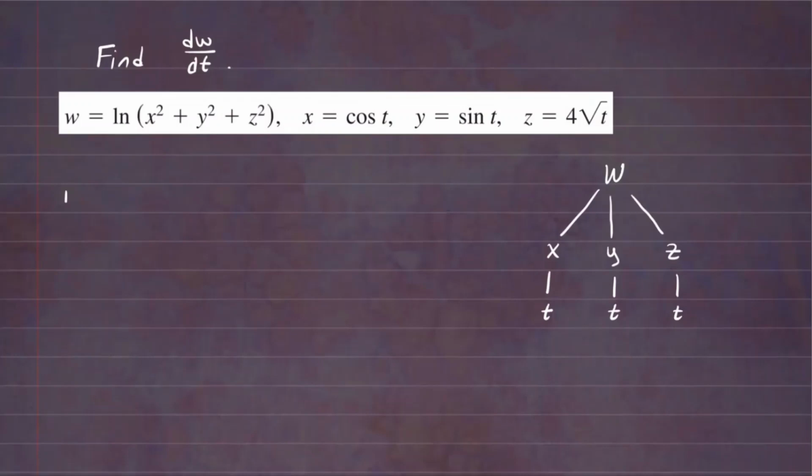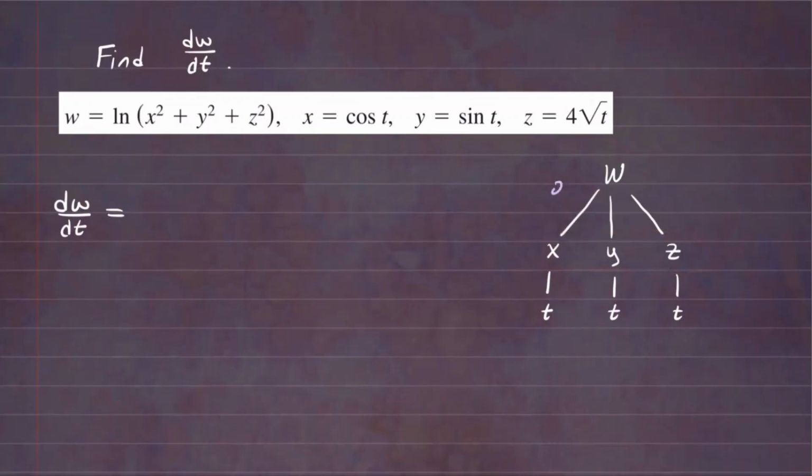So our formula is going to be dw dt is equal to, so when you take the derivative along this path, that's going to be a partial because w depends on 3 variables. So we'll have partial derivatives for all 3 paths to begin with.